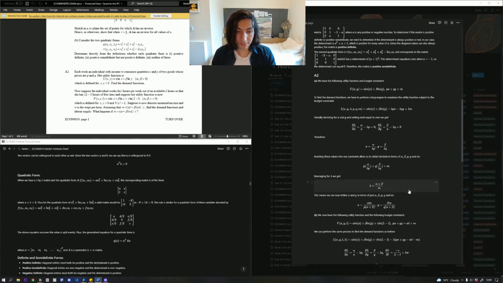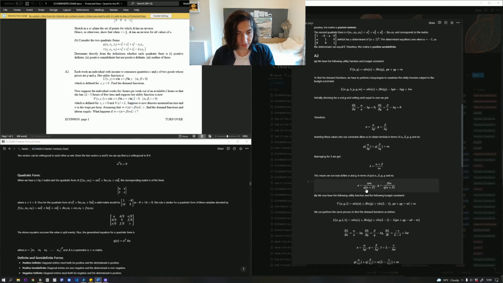We need lambda in terms of other things, that's the main point here. We don't want lambda to just define x and y. So once we get a value of lambda by inserting it back into the budget constraint, we can reinsert that back into these to get our demand functions.